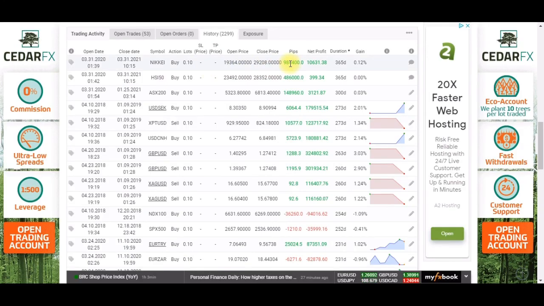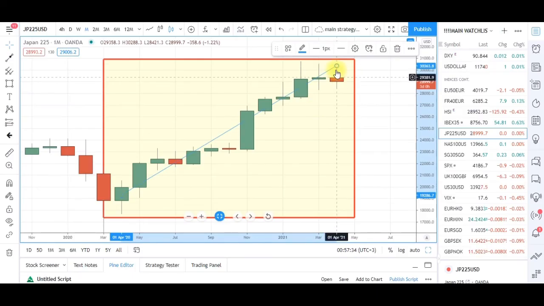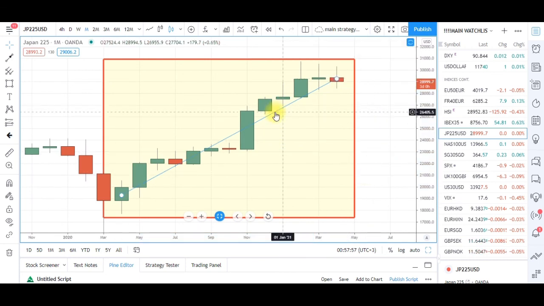The close price was 29,208. Let's find out where that is, somewhere around that area there.